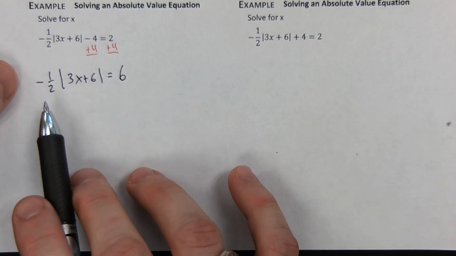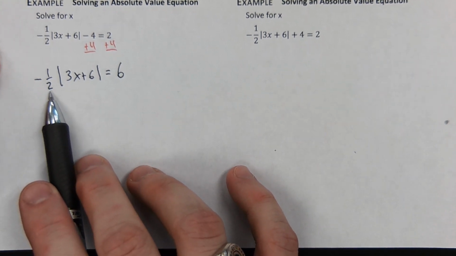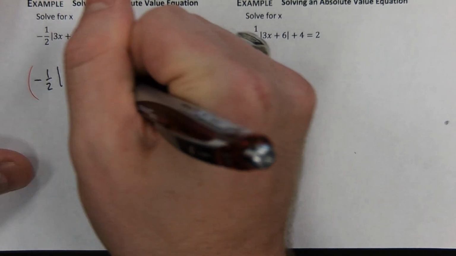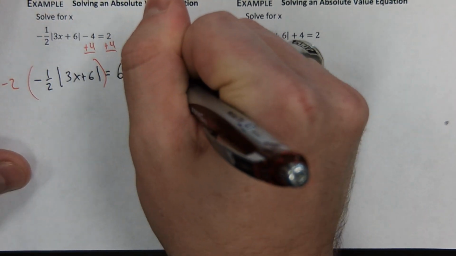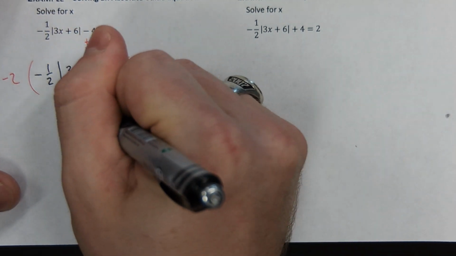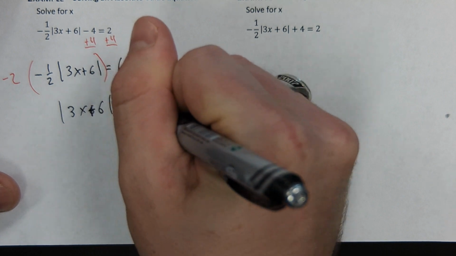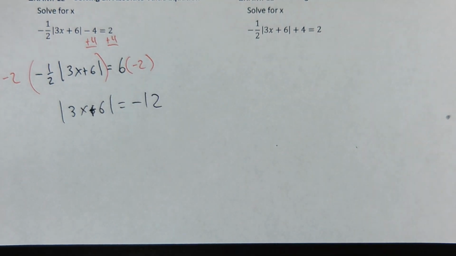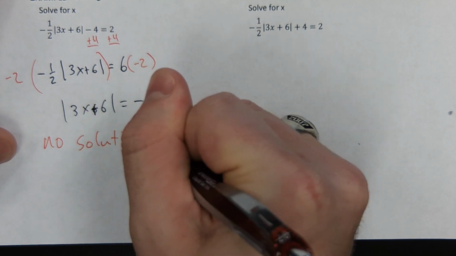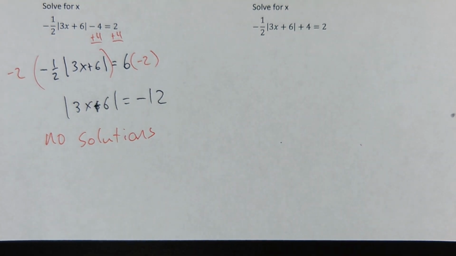So anytime you want a fraction to go away... Oh, look at that. If we multiply both sides by negative 2, that's going to give me the absolute value of 3x plus 6, oops, that's supposed to be a plus sign, equals a negative number. And this has no solutions. You can stop working. It's not a possible question. How about that?